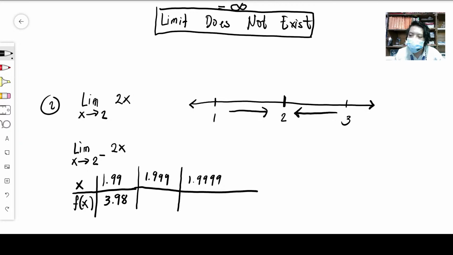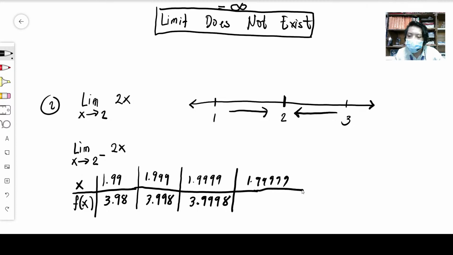the value of the function is 3.998, and I'm sure this is 3.9998. If you add one more, 1.99999 with five 9s, this will be 3.99998. So if you continue this as x approaches 2 coming from the left, you will eventually get 4.